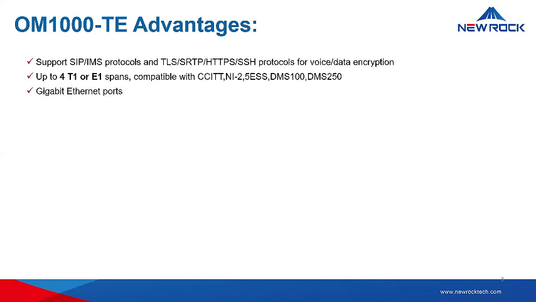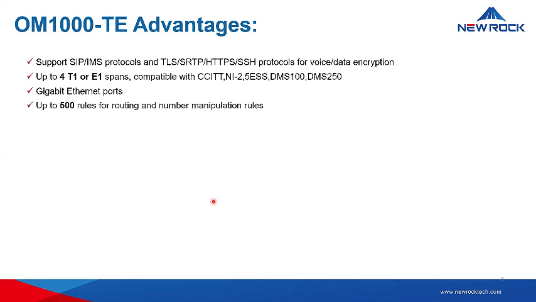Next on the list, we of course support gigabit Ethernet ports, from 10, 100, 1000 Mbps Ethernet ports for the RJ45. Then we support up to 500 rules for routing and number manipulation.